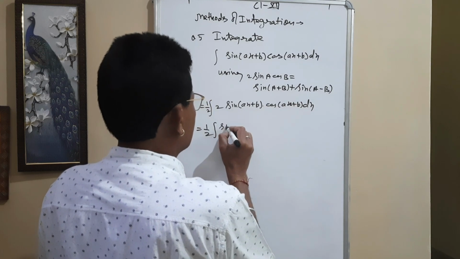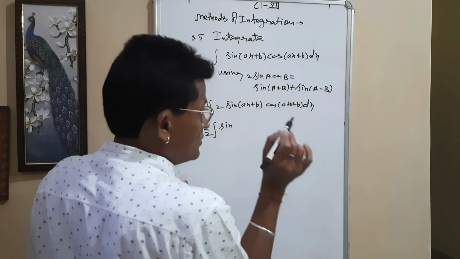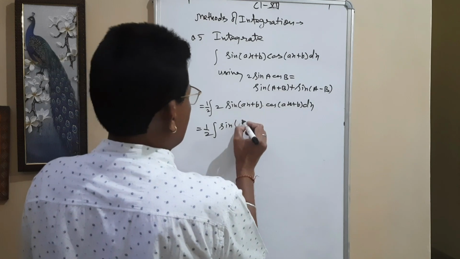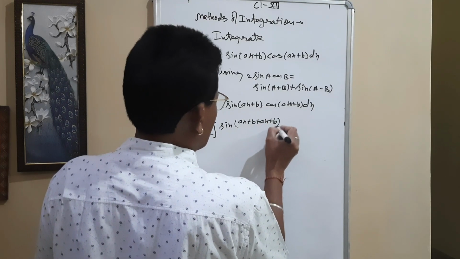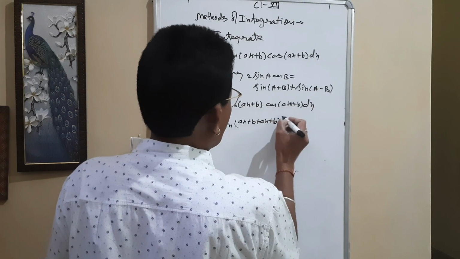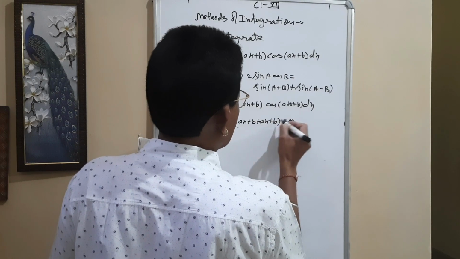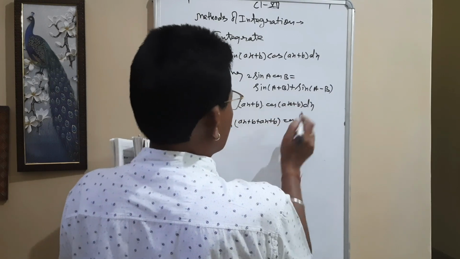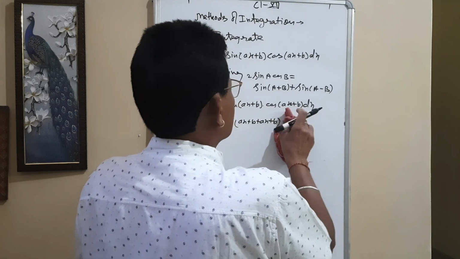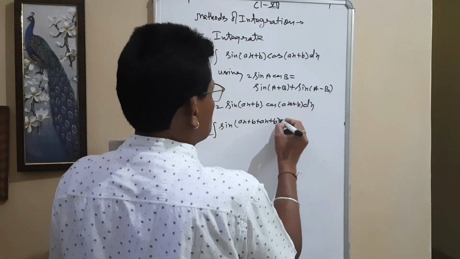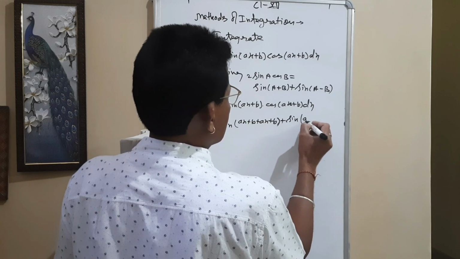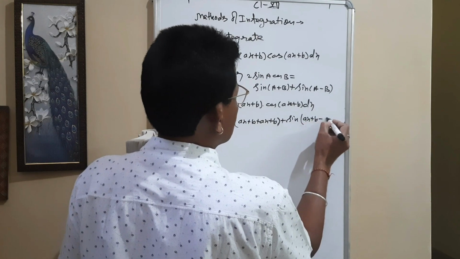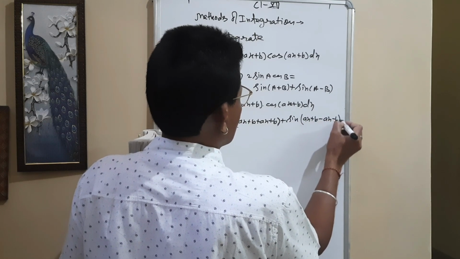Sin(A plus B) means, my dear students, see carefully, ax plus b plus ax plus b. Then sin(A minus B) means ax plus b minus ax minus b.